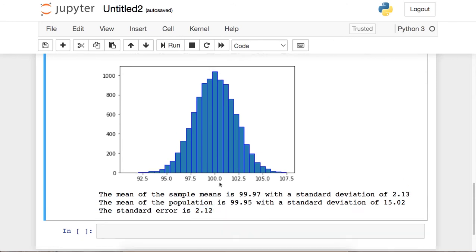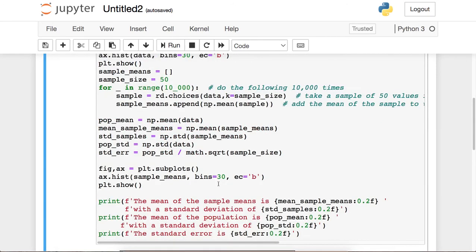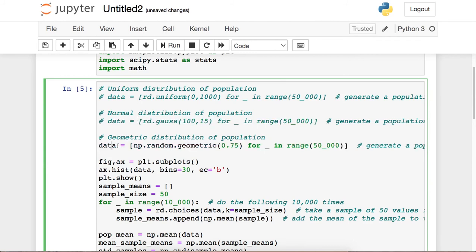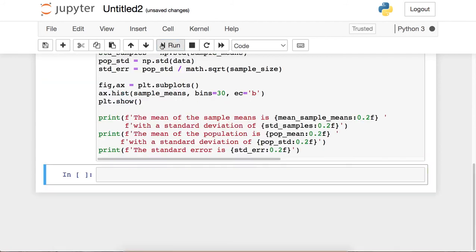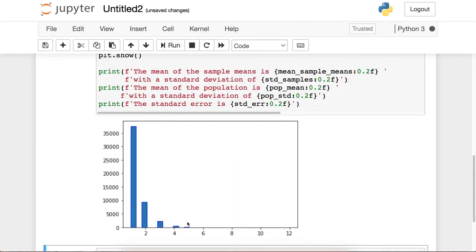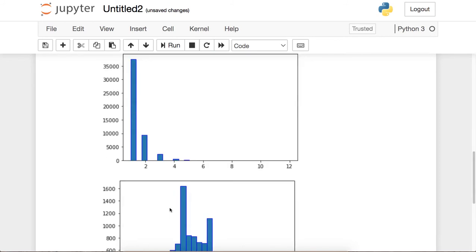Now for a geometric distribution, let's see what that population histogram looks like and the samples from it as well. Here's our geometric one. Again, geometric is a discrete random variable, so we're typically not going to have the bars connected.